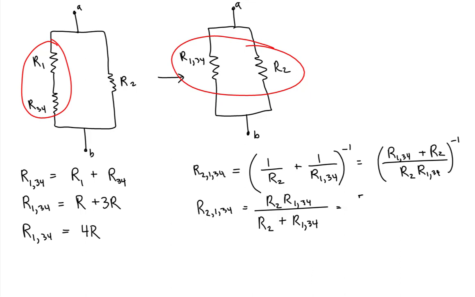R2 we said was equal to 5/2 R1. We found the equivalent resistor R1, 3, 4 to be equal to 4R. And in the denominator, we have 5/2 R plus 4R.